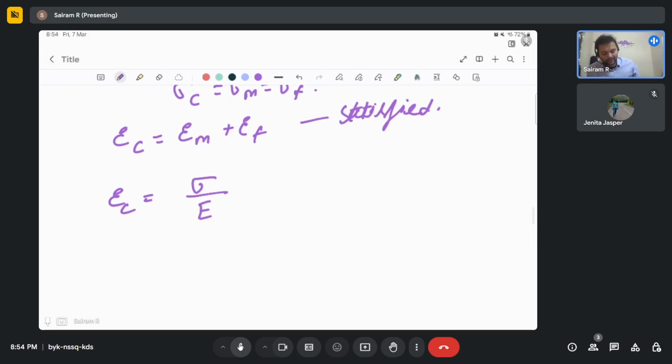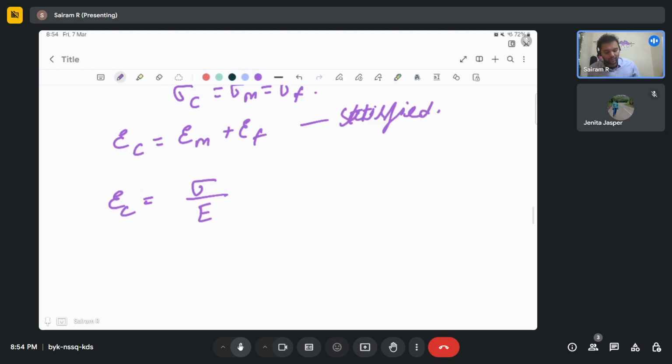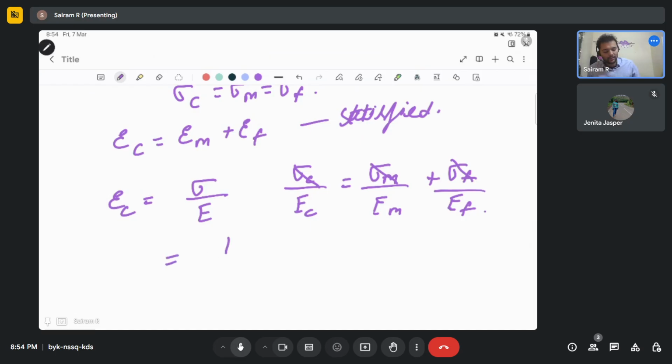So let us substitute. Sigma C by EC equals sigma M by EM plus sigma F by EF. We know that sigma C equals sigma M equals sigma F, so we end up with 1 by EC equals 1 by EM plus 1 by EF.